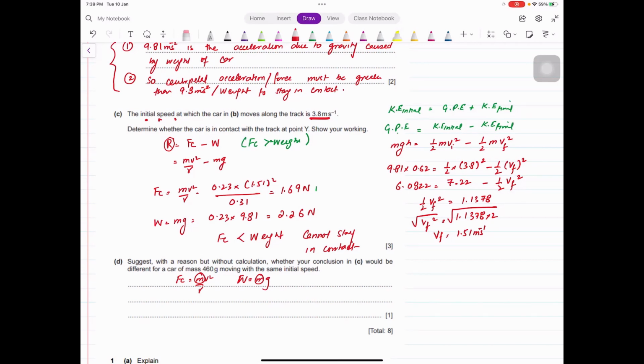Do you understand? That's fine. So we could say mass cancels out, so it would not make any difference whether the car is of larger mass or smaller mass. Okay, all right, cool. Anything you would like to ask, please go ahead.